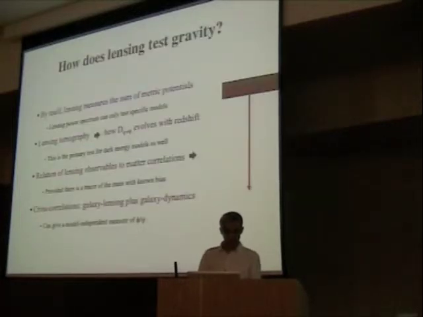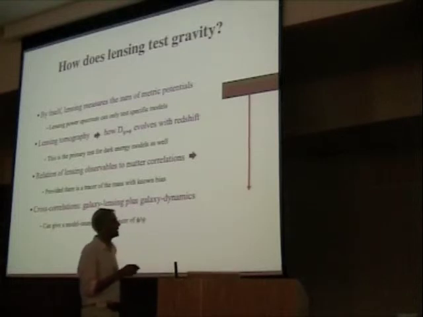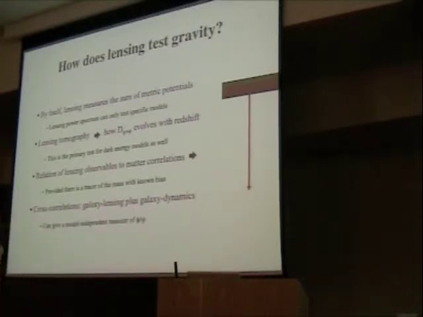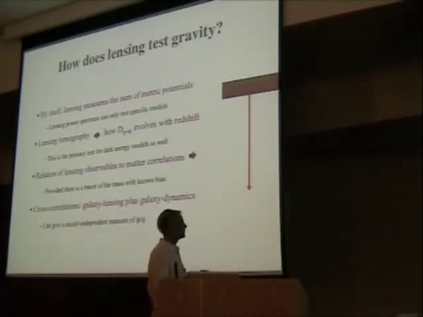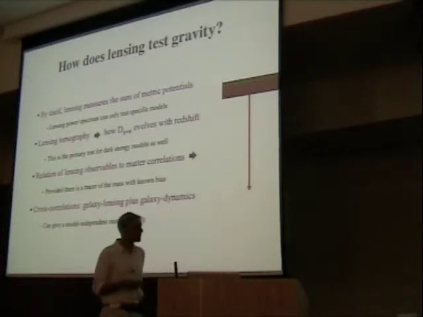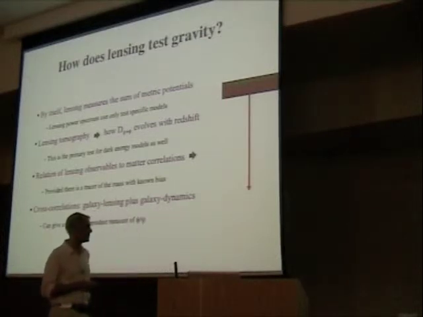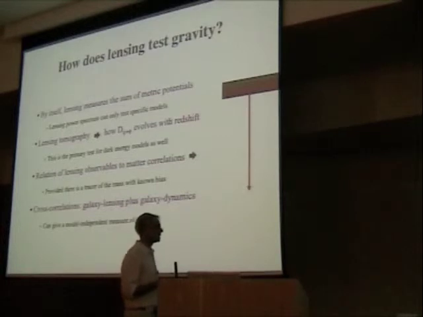As far as lensing goes, by itself it just measures the sum of these metric potentials. We don't know what they are separately. So you need to do a little more. You need to at least do tomography to see how this growth factor evolves with redshift. If you can relate it to matter correlations, then you can get G effective.